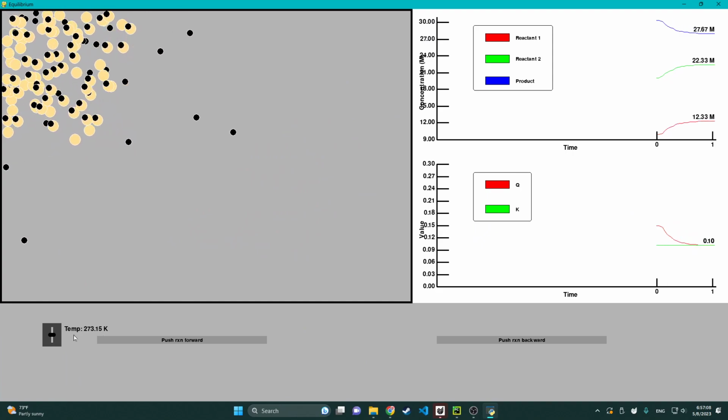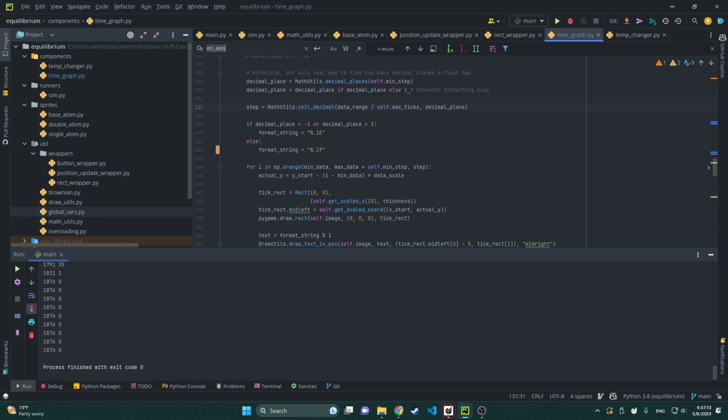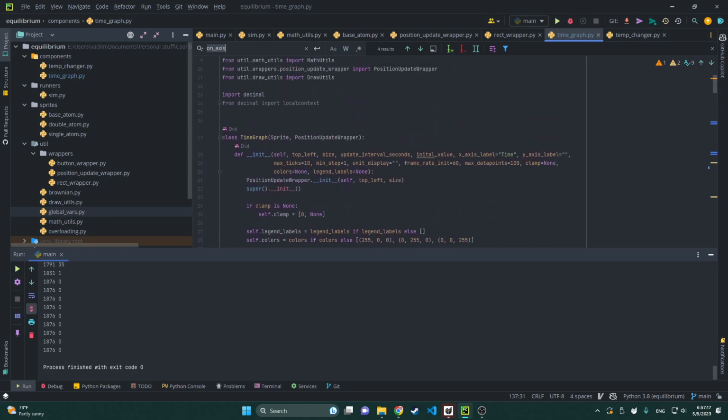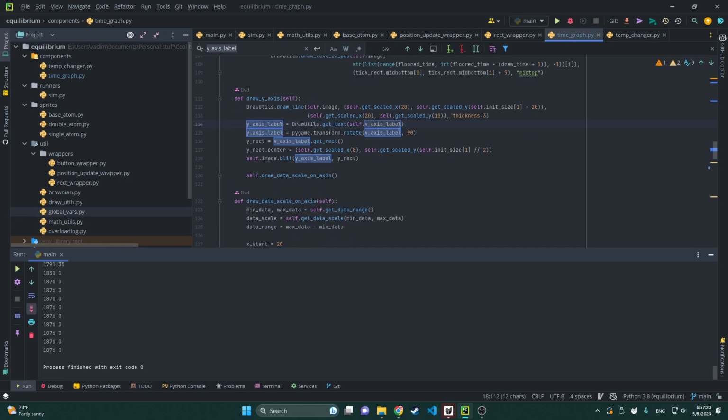Much better. Okay. This needs to be moved a little bit to the left. Let's fix that really quick. Just where's y-axis label used? Just knock this down to like 5, and that should solve the issue.